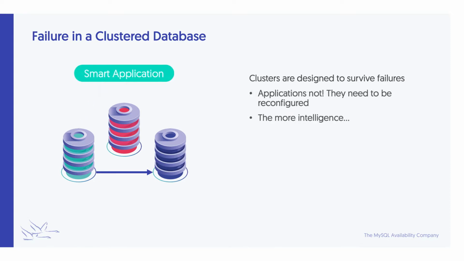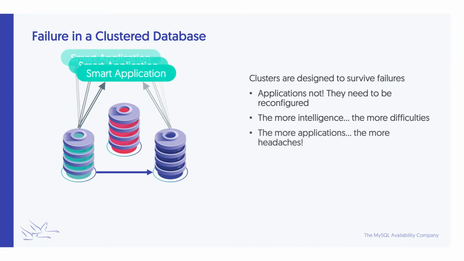In the case of smart applications, the same individual will need to reconfigure both the read access and the write accesses. Imagine this same example with a lot of applications. There will be a lot of work to reconfigure everything.